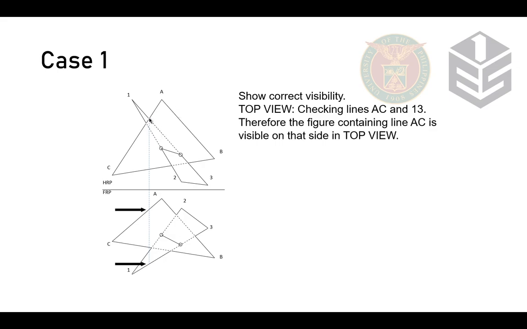Let's just take this for example. So we have this apparent intersection point. It's a solid line from here going to this point. And since this is an apparent intersection point, we change visibility. So this becomes a hidden line, hidden up to this piercing point. When it encounters a piercing point, it changes visibility. This becomes a solid line. Again, once it encounters an apparent intersection point, this now becomes a broken line.